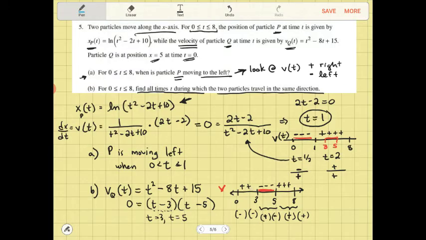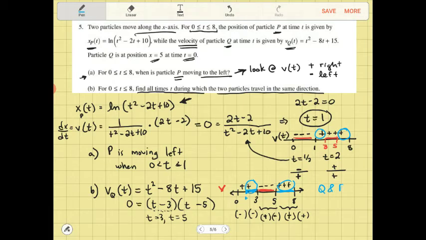So not from 0 to 1, but yes, from 1 to 3, this particle is positive, and then the other one is positive as well. And from 5 to 8, they're also both positive. So the answer is the particles... Let me say it another way because I'm running out of space.